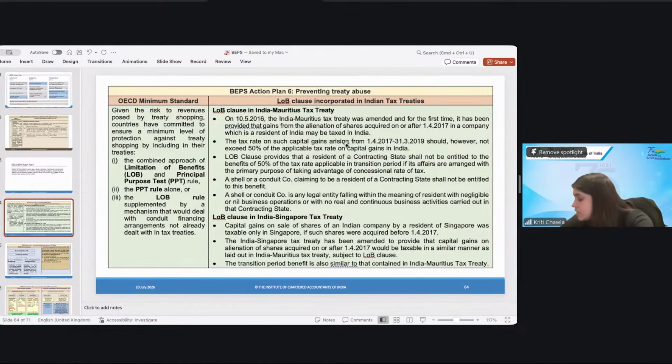What they're really trying to say is that the benefits are going to be limited or restricted in case of that particular treaty if they find out that the primary purpose was to take the tax benefit provided in that treaty. Then they'll be limited or curtailed, so to say. So that is Action Plan 6.